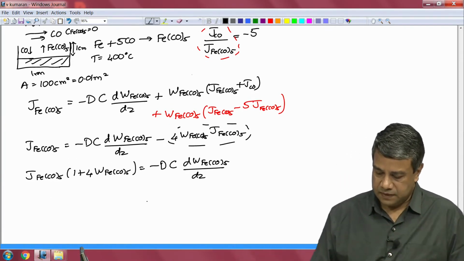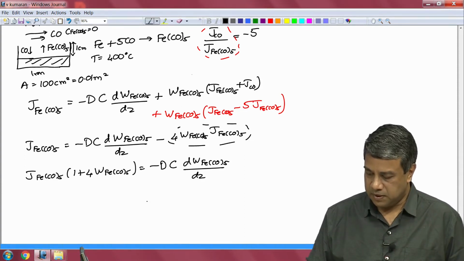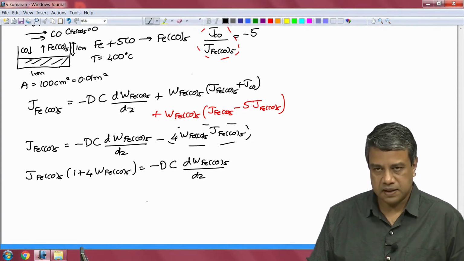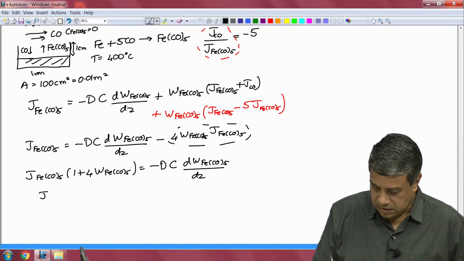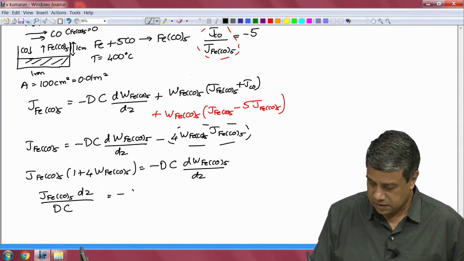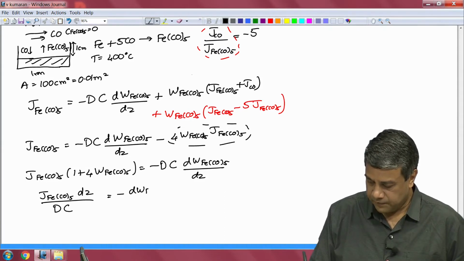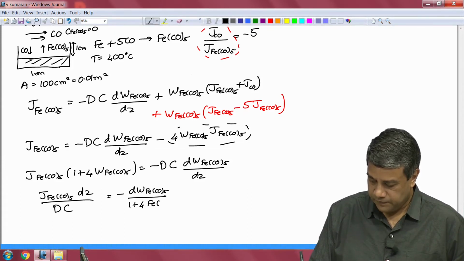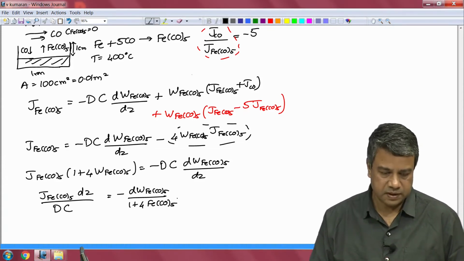And now I can solve this equation. I multiply throughout by dz by dC. So, I will get J FeCO5 dz by dC is equal to minus dW FeCO5 by 1 plus 4 W FeCO5.